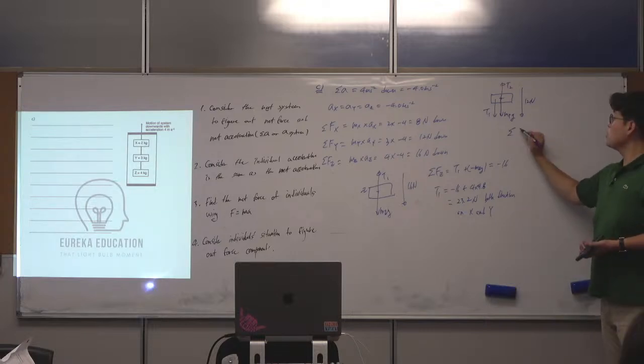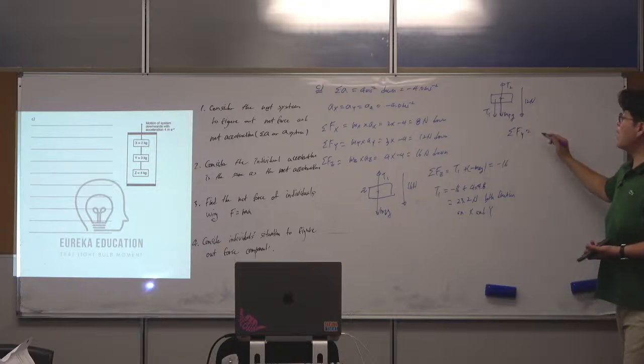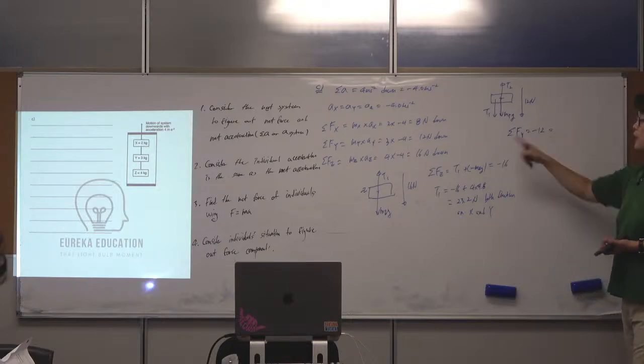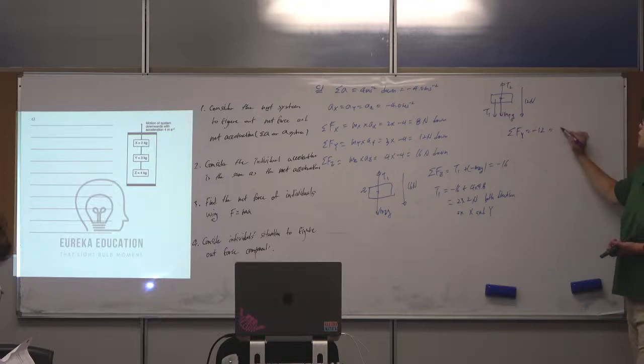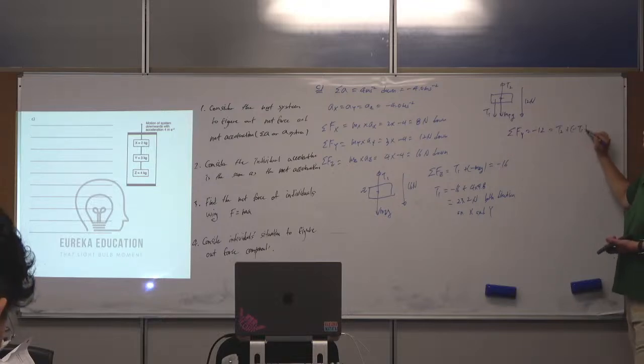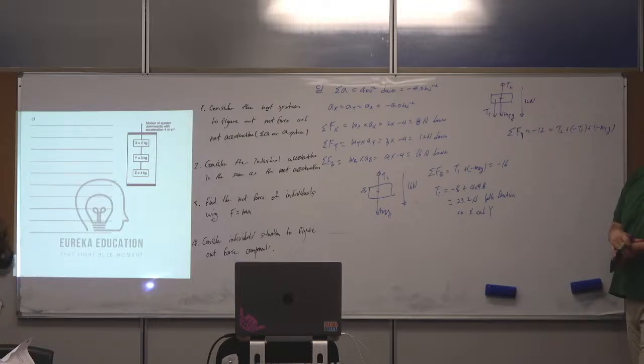So, the net force on the Y is given as minus 12, as we found that. Sum of all the forces that we have, so T2 plus minus T1 plus minus mYg here like this. Then we can find the T2 from that, moving all of that.